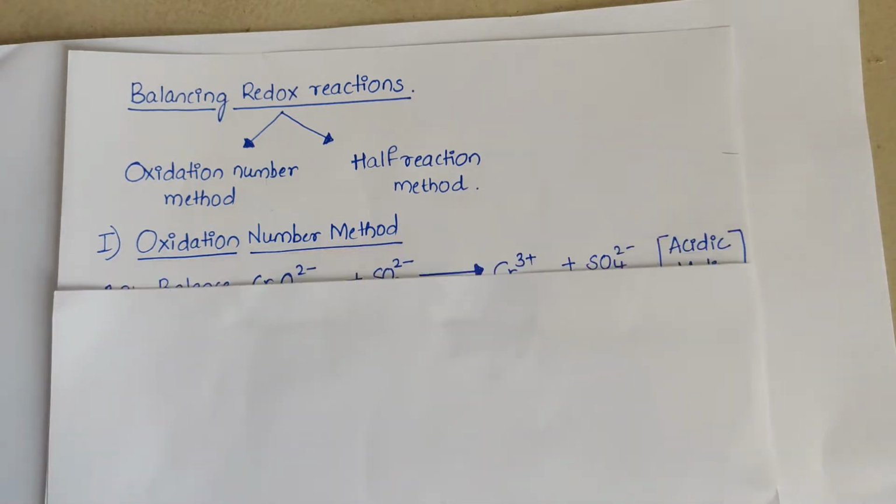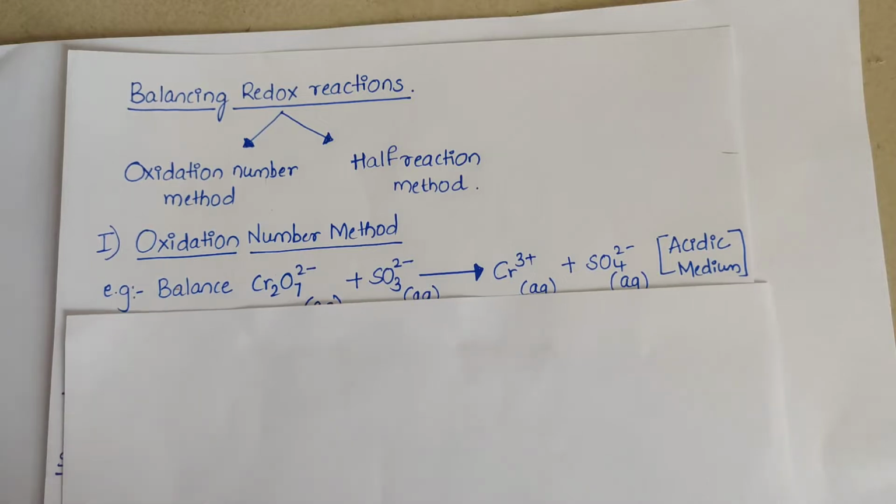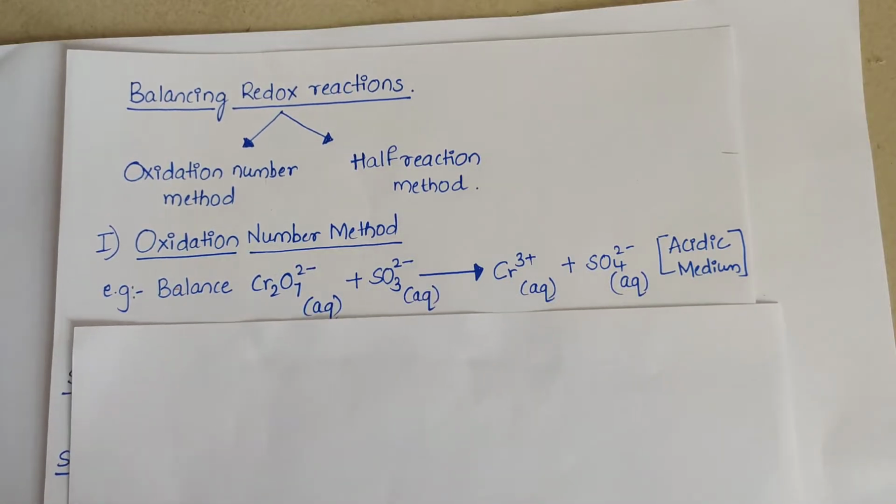For example, you have a reaction of this kind: Cr2O7 2- (aq) plus SO3 2- (aq) giving rise to Cr3+ (aq) plus SO4 2- (aq), and the reaction is occurring in acidic medium. They have asked us to balance this reaction using the oxidation number method.